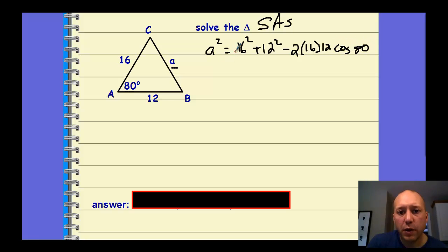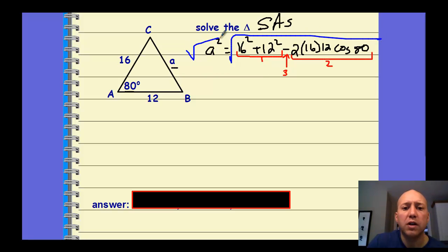Then we need to evaluate this. When I evaluate it, I always find the sum of these squares first, then I find this product, including the cosine, second, and then I'll do the subtraction third. So make sure we follow order of operations. After we find that value, we need to square root it to find A.